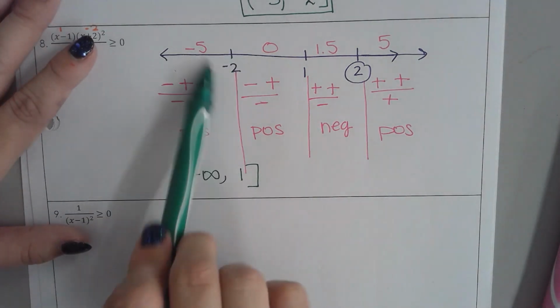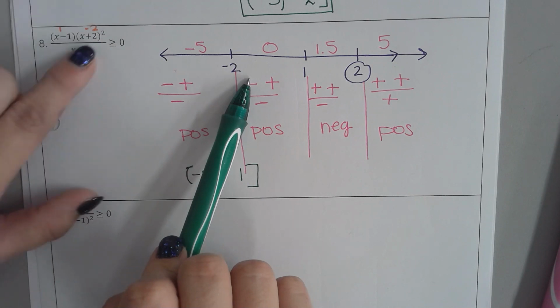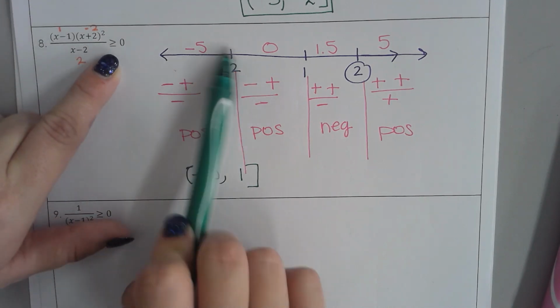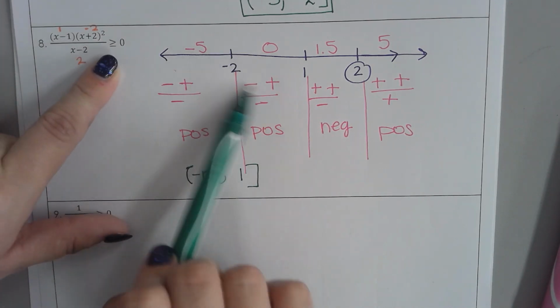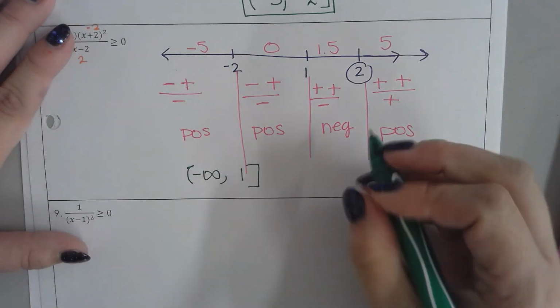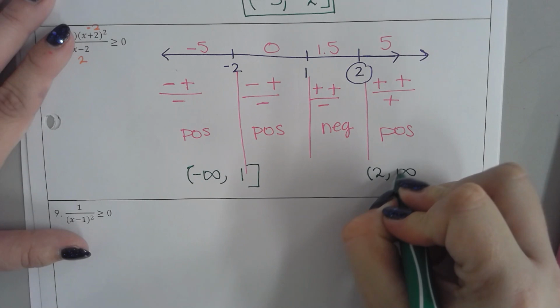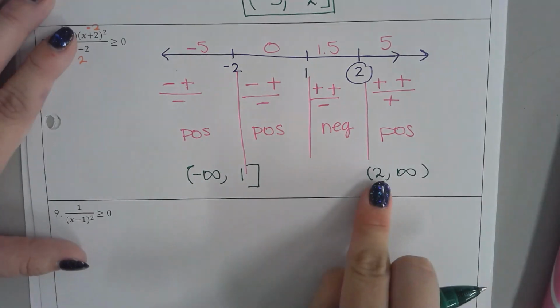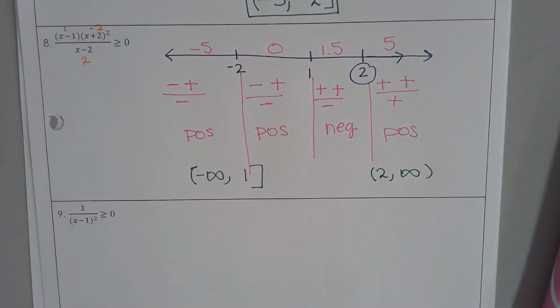If negative 2 had been circled, or if the equal to part wasn't there, if it was going to be a parenthesis, you'd have to make them separate. And then also from 2 to infinity, that one gets a parenthesis because it was one of the undefined numbers.